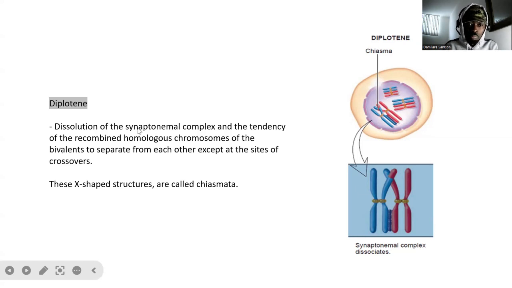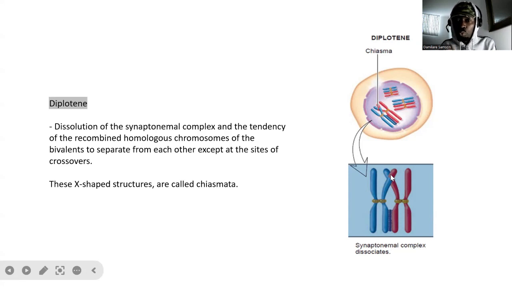So, dissolution of the synaptonemal complex and the tendency of the recombined homologous chromosomes of the bivalent to separate from each other, except at the site of what? Crossing over. Now, don't forget this site of crossing over. Why is there crossing over?